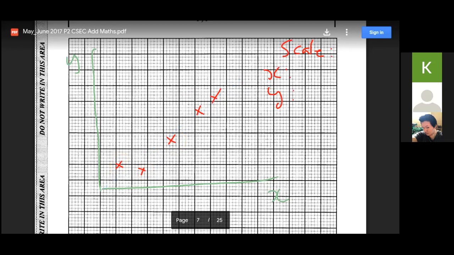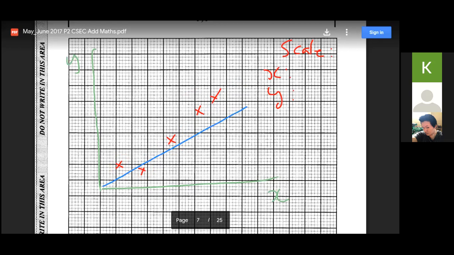But if I have my line looking like this, that's not making any sense, okay? That's not a line of best fit. That's just a line, okay? They want a line of best fit. You're not going to get the line to pass through all the points. That's why I call it a line of best fit, okay?